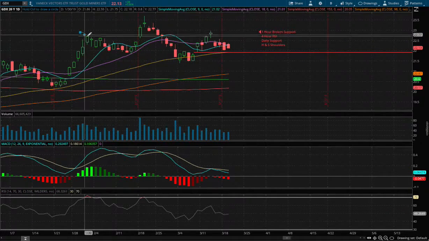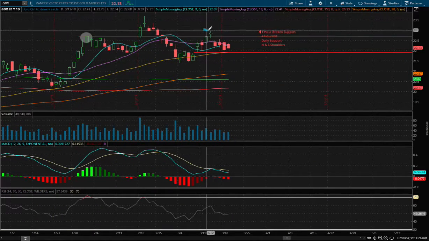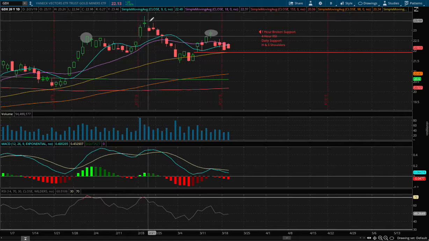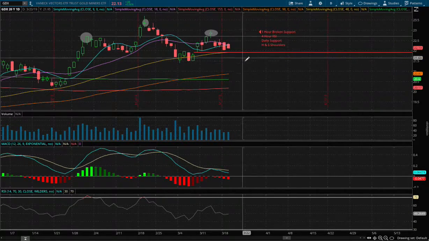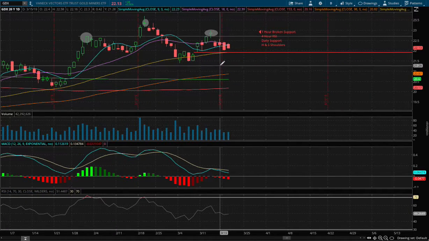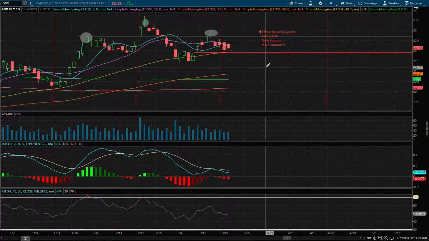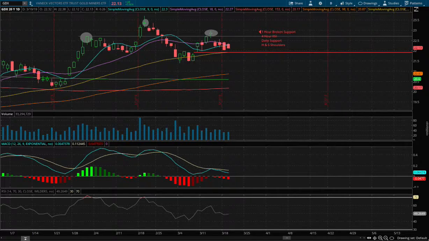And this is the left shoulder, and this is the right shoulder, and this is the head. Typically these patterns have a downward movement, so expect gold to be moving down rather than moving up. So next, let's look at the other module.